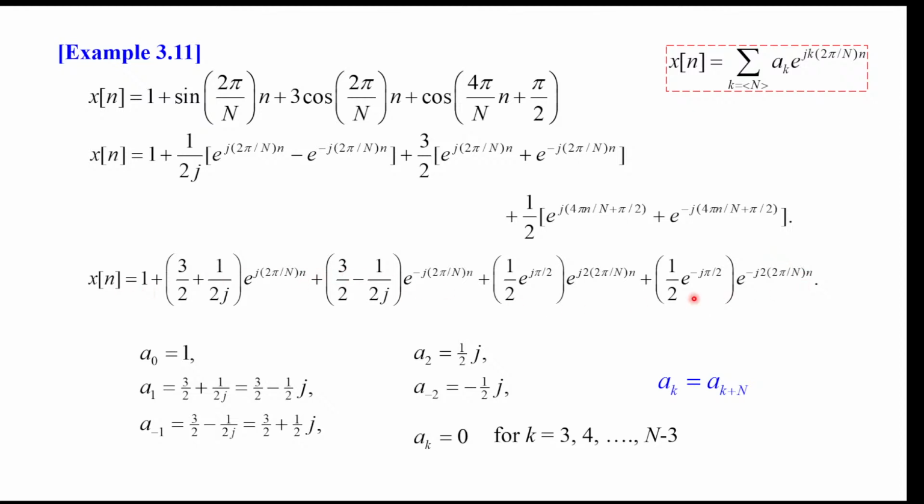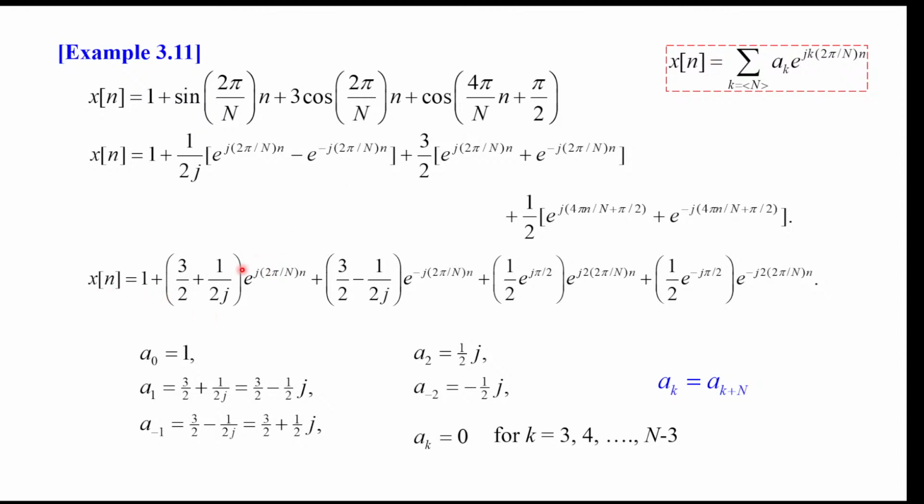Anyway, you collect the terms on your complex exponentials, so your e to j omega naught n term has a coefficient from this 3 over 2 and this 1 over 2j, and the e to minus j omega naught n term has a coefficient from this 3 over 2 and this minus 1 over 2j, etc. And so you can read the coefficients from the expression here.